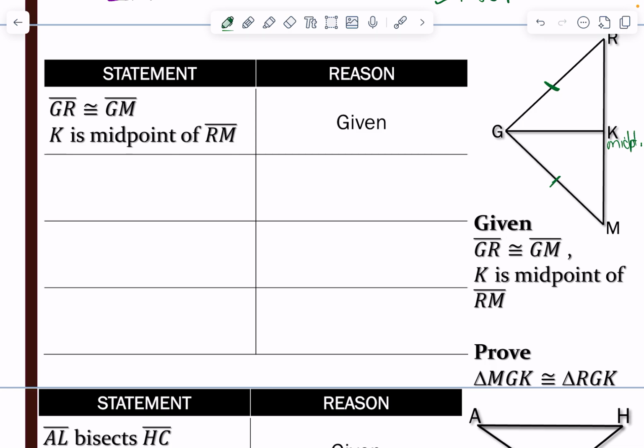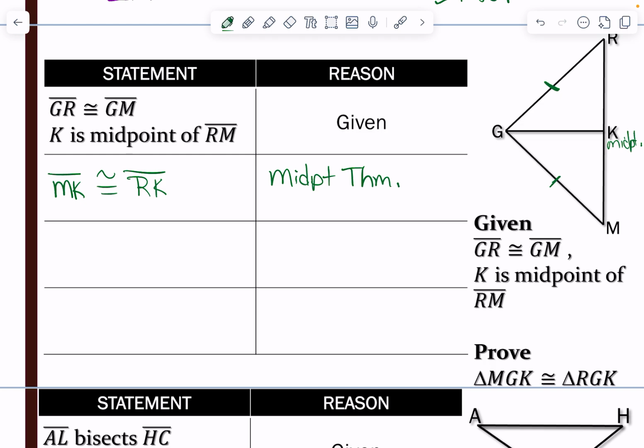All right, so here we go. The next thing I know is that MK is going to be congruent to RK. How do I know that? Because that is the midpoint theorem. Remember, if K is the midpoint, then the two segments are congruent to each other.